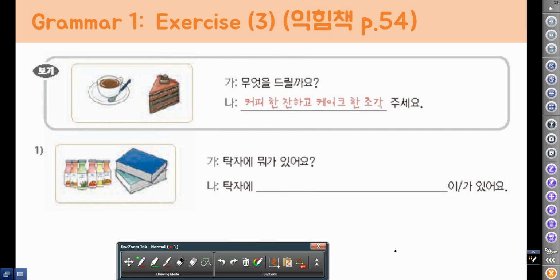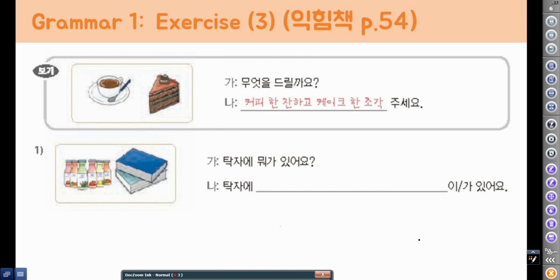Okay, let me do it again. Sorry about that. So, 커피 한 잔 하고 케이크 한 조각 주세요. 케이크 한 조각 주세요.